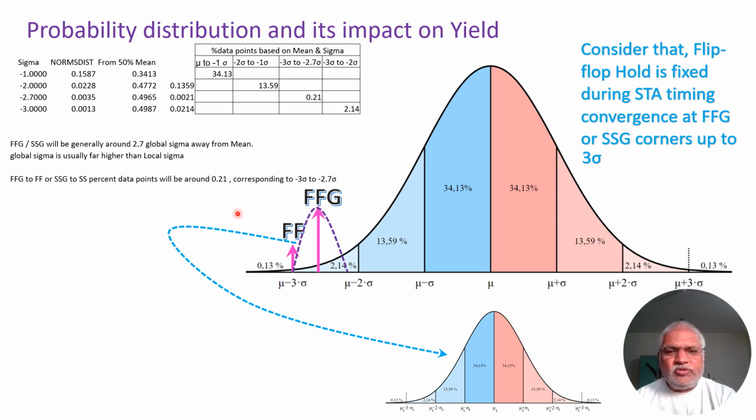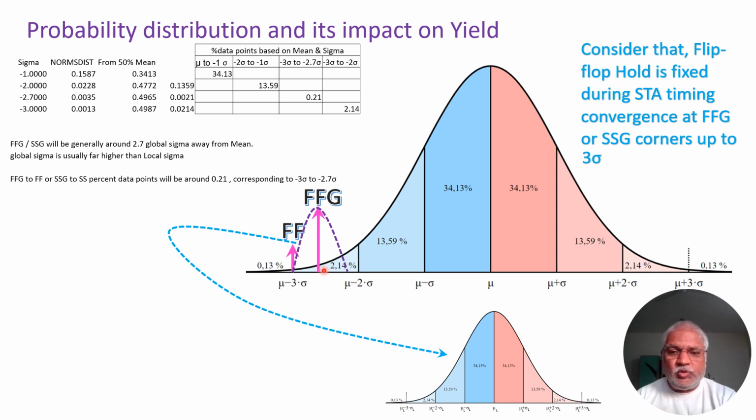Okay, so if you consider these things, one more point I want to mention is that the FFG and FF corners are very close. The FFG corner will be as close as 2.7 or 2.8 sigma away from the mean. The FF corner, the performance corner, will be 3 sigma away from the mean.